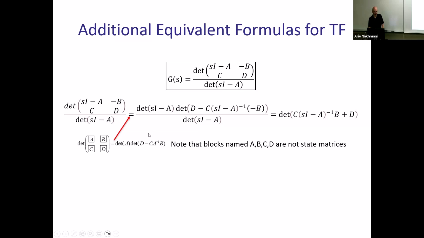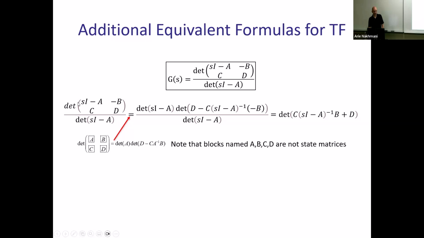So let's compute that. We have the determinant of A, which is det of sI minus A. This is that block. Times the determinant of D minus, and the complicated expression. So D is equal to D here, minus C, C is still C, times A inverse.